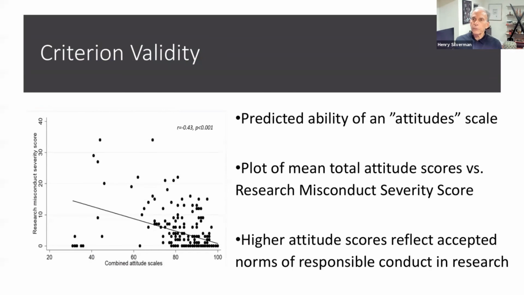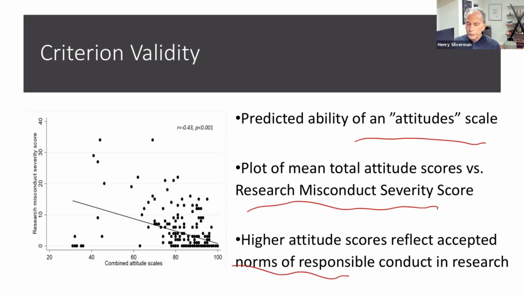Another example is a questionnaire that I developed regarding attitudes regarding responsible conduct in research. And within the same sample, I measured attitudes and also self-report of research misconduct and developed a research misconduct severity score. Now, higher scores on the attitude scales reflected accepted norms of responsible conduct in research.